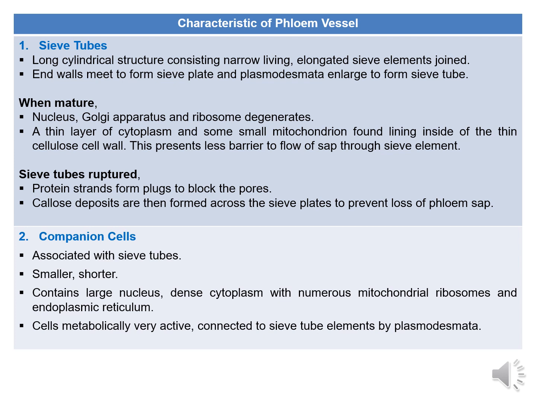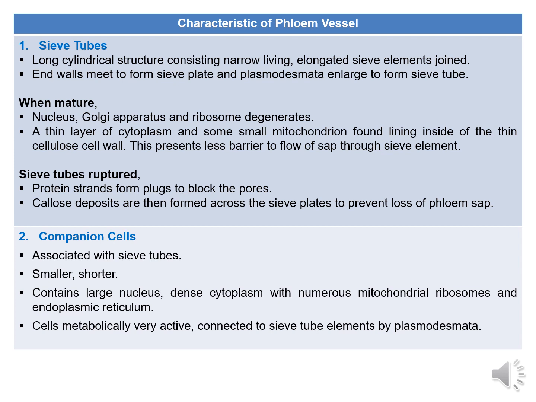This thin layer of cytoplasm and some small mitochondria lining the inside of the cellulose cell wall really helps to present less barrier to the flow of cell sap through the sieve element. What happens when this sieve tube ruptures?